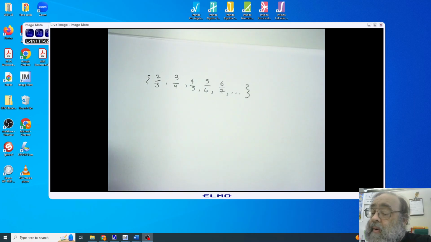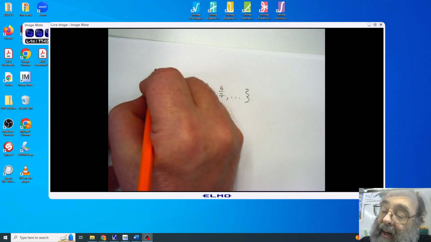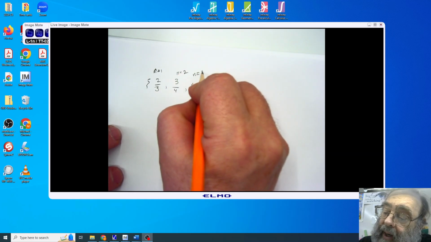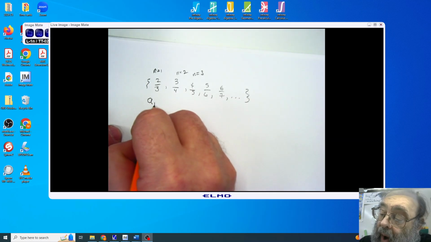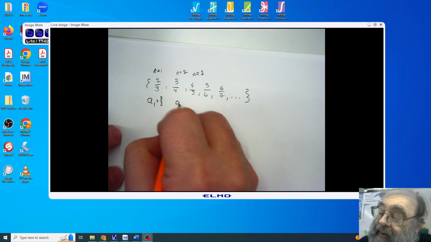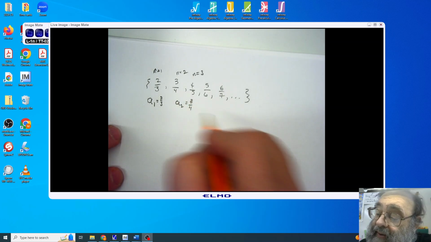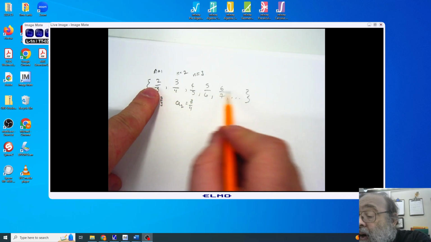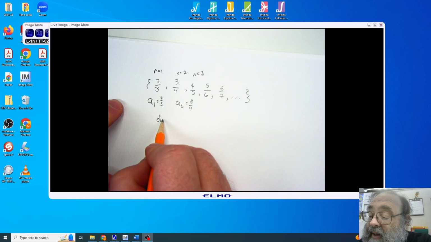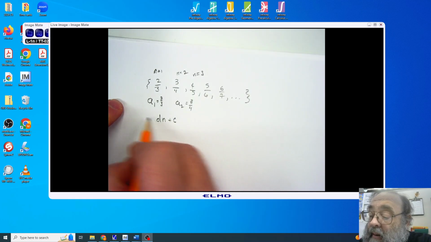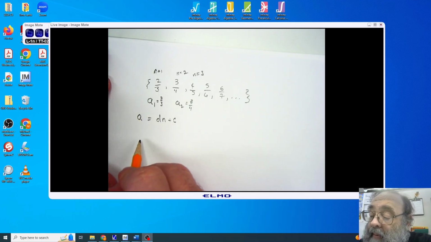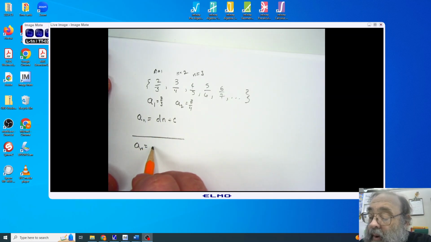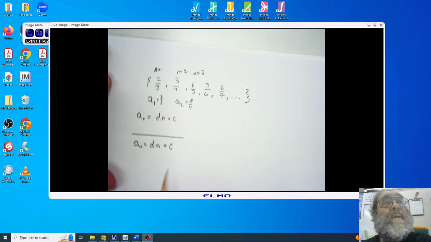Notice that this is a pretty straightforward rule, because we're still looking at n equaling 1, n equaling 2, n equaling 3, which is giving me a sub 1 is 2/3, a sub 2 is 3/4, etc. Well, if I'm using 1, that means that this linear on top is made by some common difference times n plus c, and that gives me the top, and then the bottom is made by another linear rule, common difference times n plus c there.